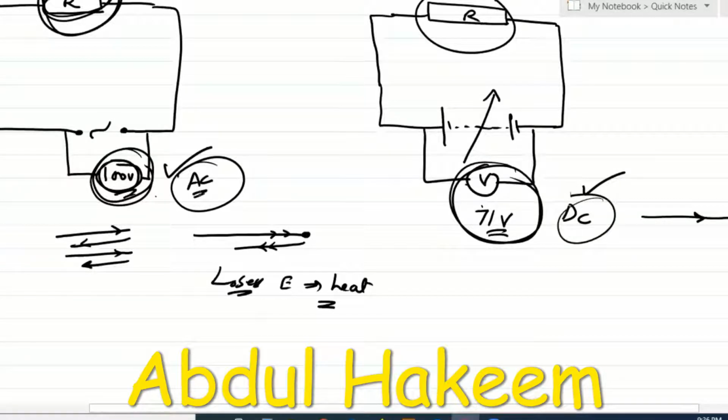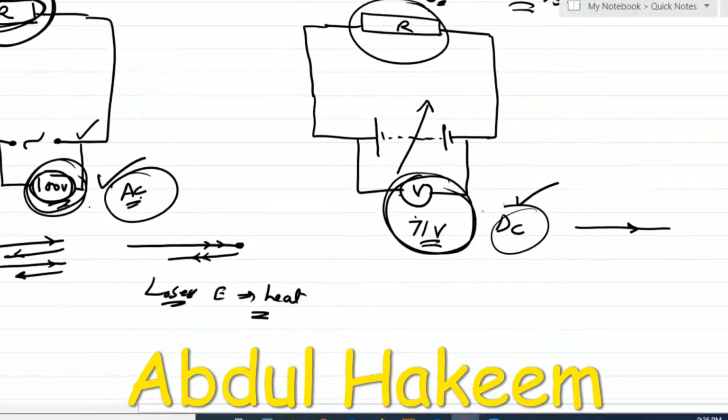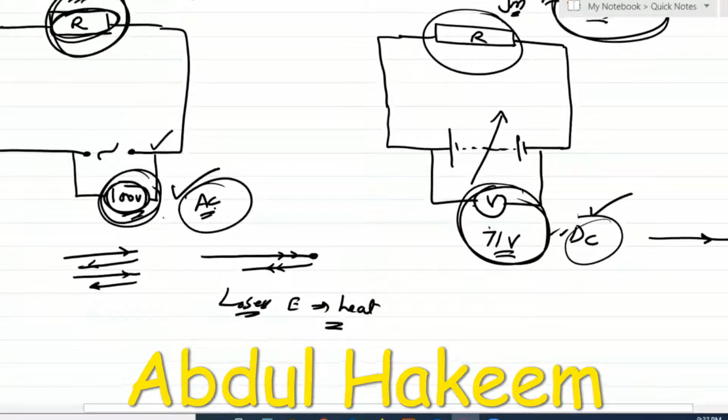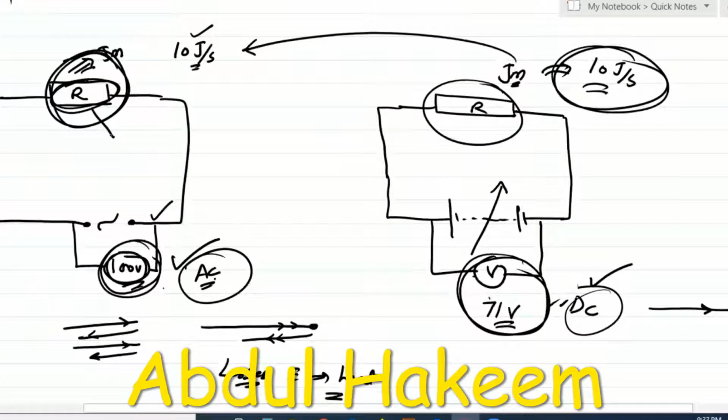So for the loss of the energy, this alternating supply requires more voltage, and this direct supply requires less voltage to deliver the same power from the same resistor. Now, practically, this resistor is working at 71 volt because the energy is delivered at the same rate as delivered by the DC.